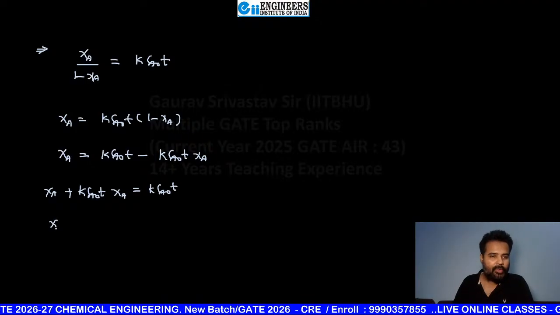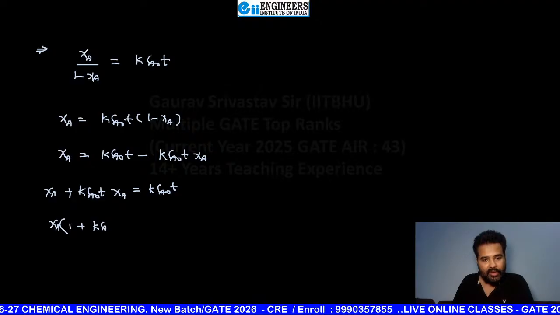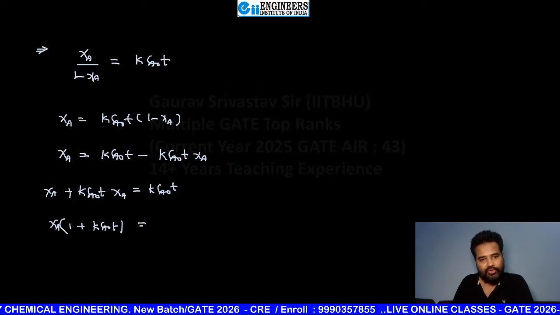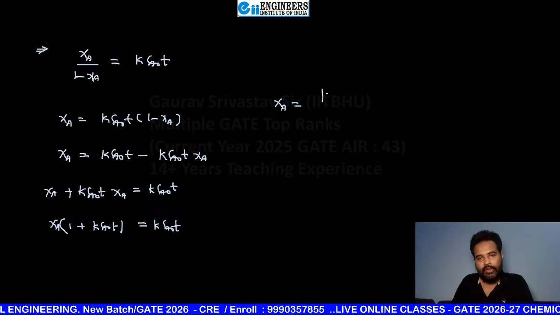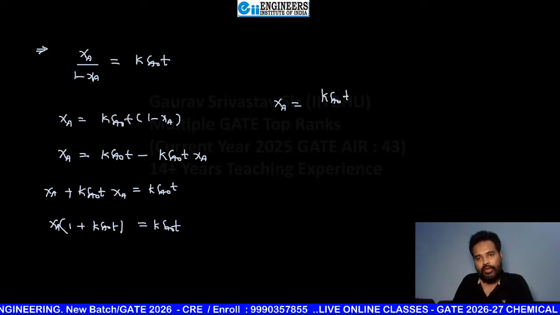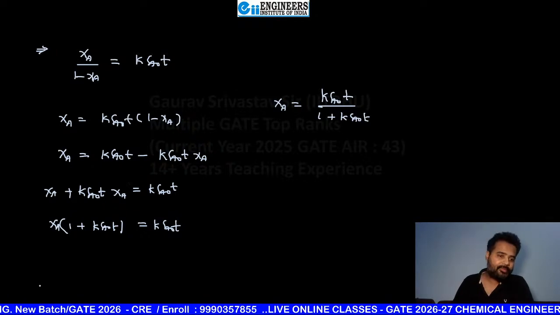Now take xa common, beta, it will come 1 plus k ca naught t times xa is equal to k ca naught t. So finally you can write xa is equal to k ca naught t whole upon 1 plus k ca naught t. Is it crystal clear बेटा?